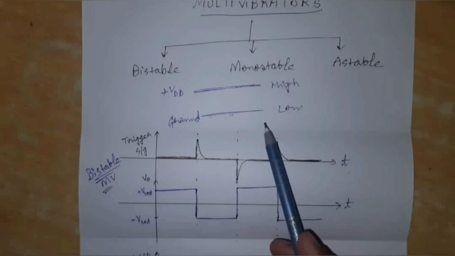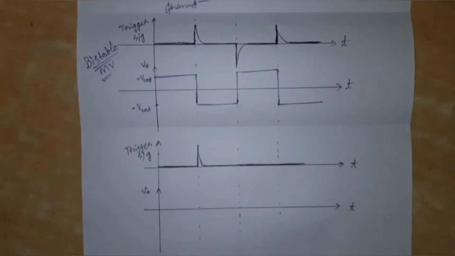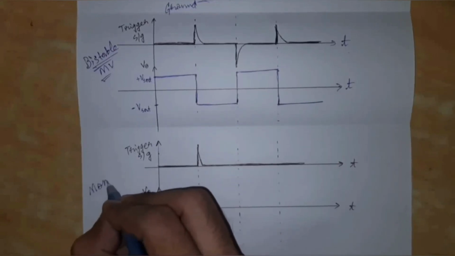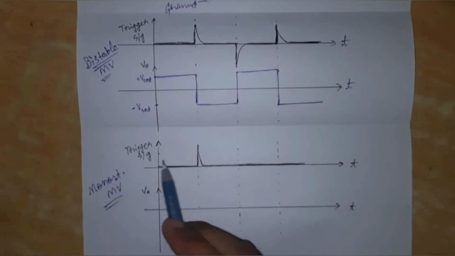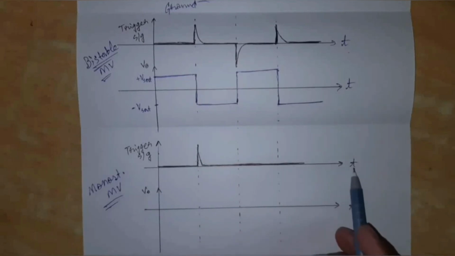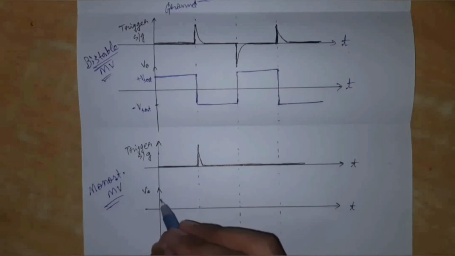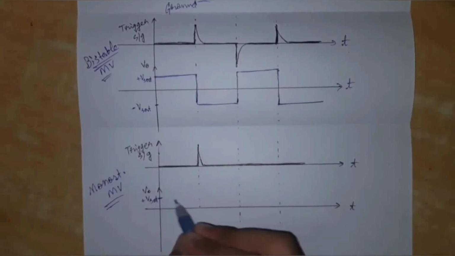It signals the start and stop of events, hence it can be used in timers. Let us study this monostable multivibrator in the same way we studied the bistable multivibrator. So here it is. The trigger signal is applied over time duration T, and let Vout be plus VSAT initially.